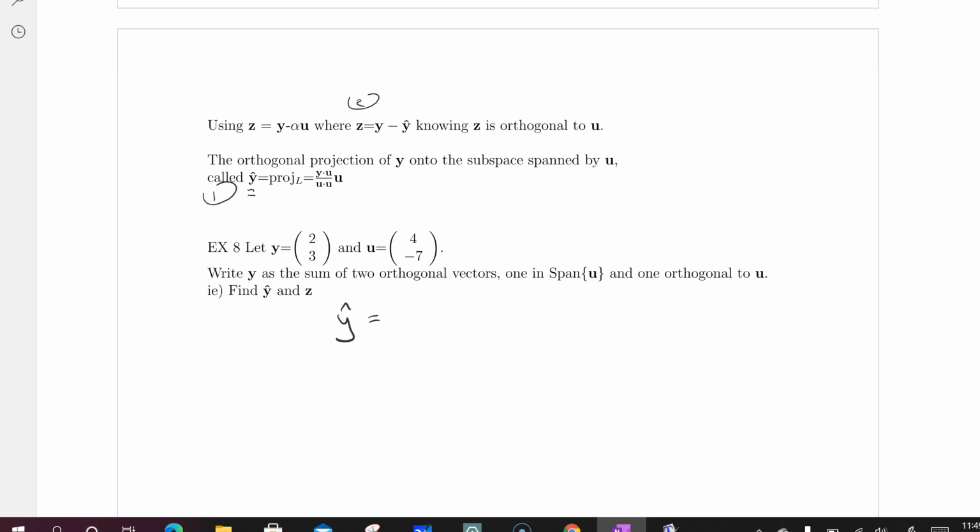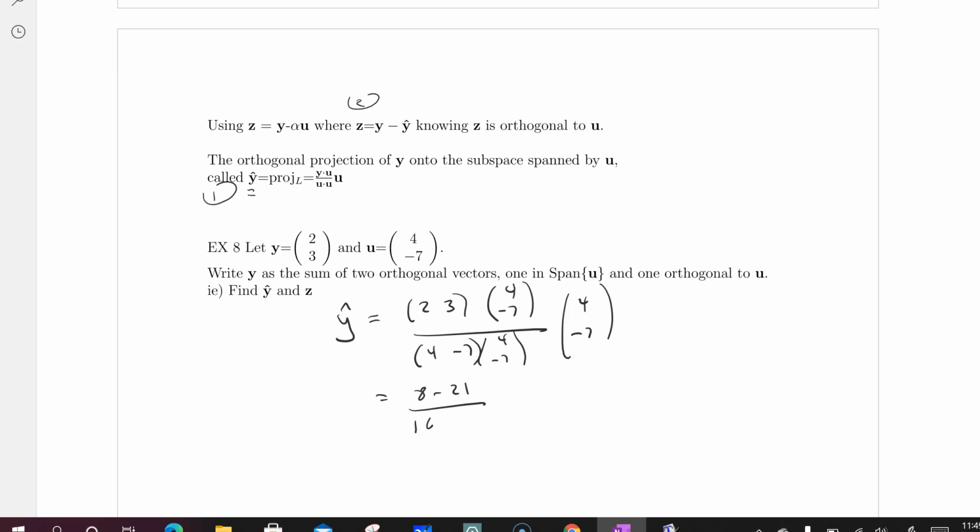All right, so let's go find y hat. So y hat will be y, which is (2, 3), dotted with u, all over u dotted with itself, times the vector u, which is (4, -7). So I get 8 minus 21 over 16 plus 49, all times the vector (4, -7).